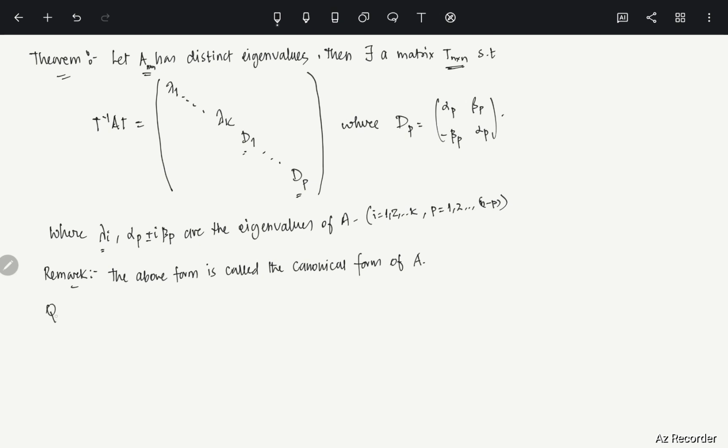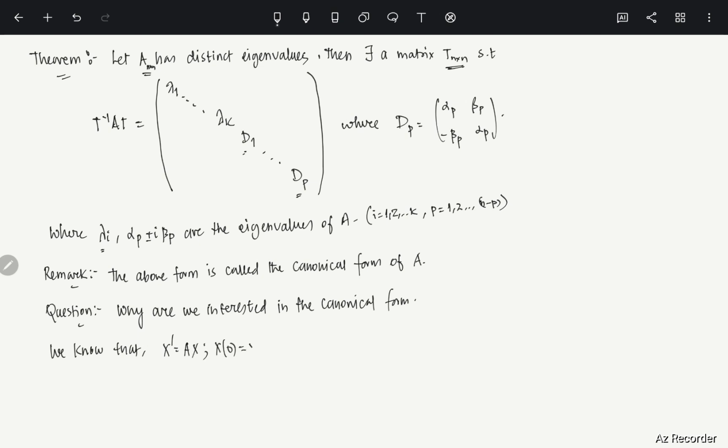Now the question is this: why are you suddenly interested in canonical form? Why are we interested in the canonical form? Now we already know that x prime equals A x and x of 0 equals x naught.